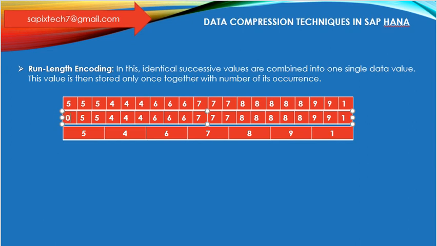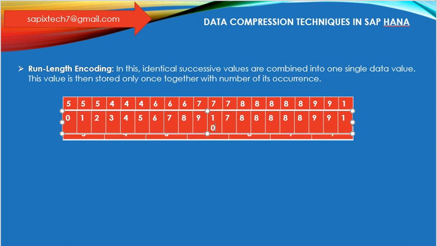For example, it says 0, 1, 2, 4, 5, 6, 7, 8, 9, 10, 11, 12, 13, 14, 15, 16, 17, 18, and 19.